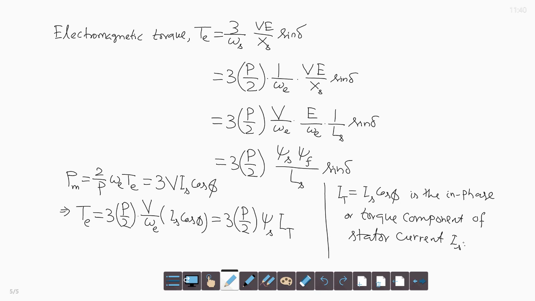So, this is the torque component, the other one is the magnetizing component or the reaction component, reactive component.